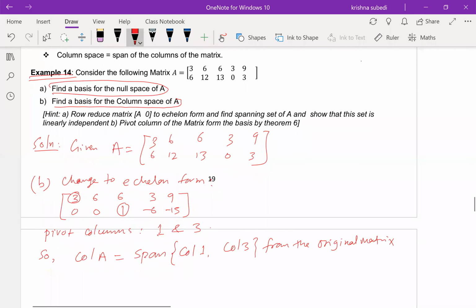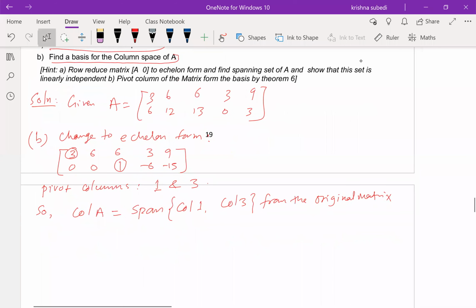Keep that in mind. When I give these questions in the exam, people sometimes consider the columns from the echelon form. No, you need to go back. So the first column means this one, and this one.